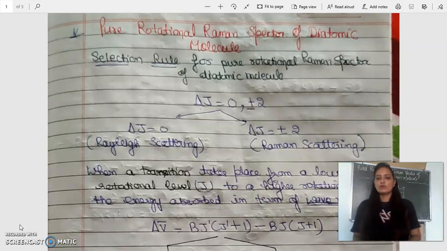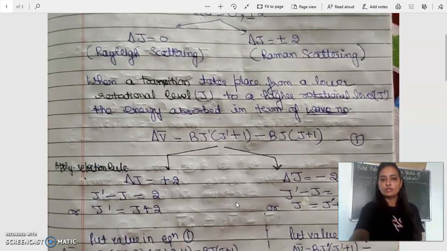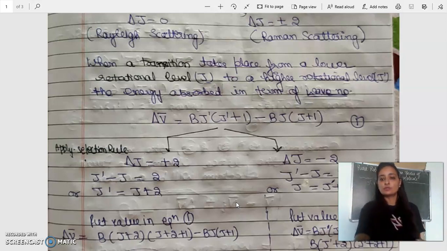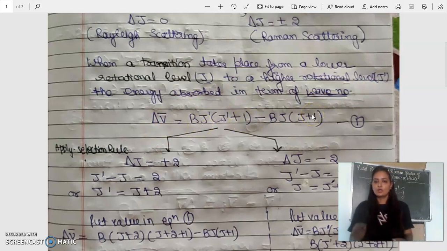For that we use the value from rotational spectroscopy: the energy absorbed by the molecule when it undergoes a transition from the lower rotational level J to the higher rotational level J dash, given in wave number, is delta V bar equal to B J dash (J dash plus 1) minus B J (J plus 1). Now we are going to put in the values of delta J, first plus 2 and then minus 2.